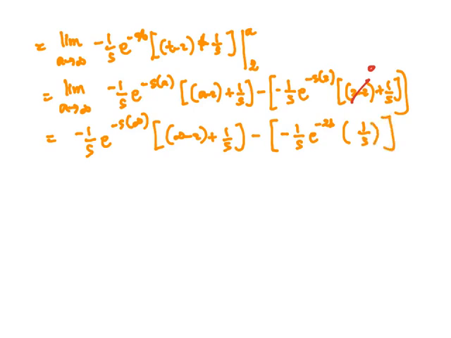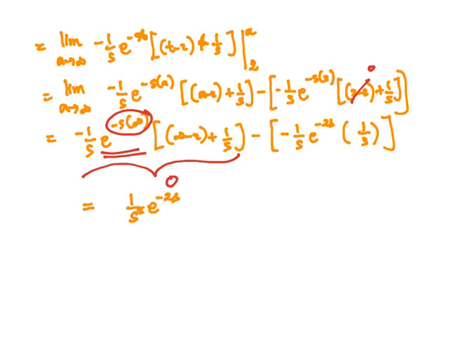But since this is very large and negative, the value of e to the negative infinity is very small, so this goes to 0, and so this whole term here is 0. So what will be left will be positive 1 over s squared e to the negative 2s. So you'll have negative 1 over s times 1 over s, negative 1 over s squared, so there's a negative there, so you'll have positive 1 over s squared times e to the negative 2s.